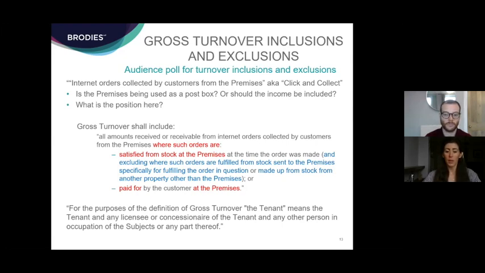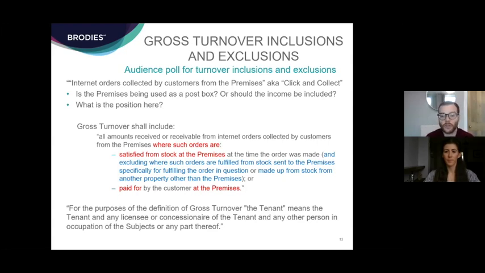And Matthew, I know that you have some points from a landlord perspective on this. I do, yeah. Just on this point specifically, landlords now are becoming more sophisticated and looking at other sources of income that might be coming into a premises, not solely from the stock that's sold there.